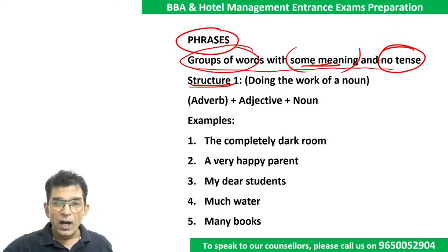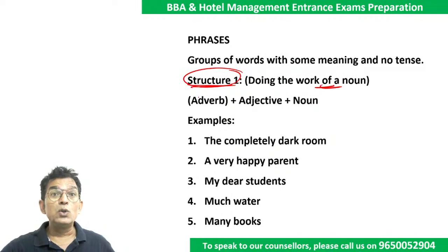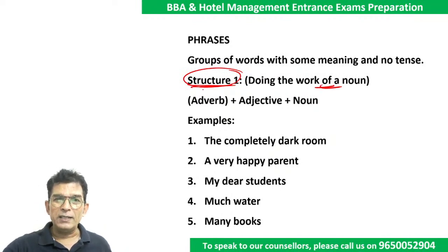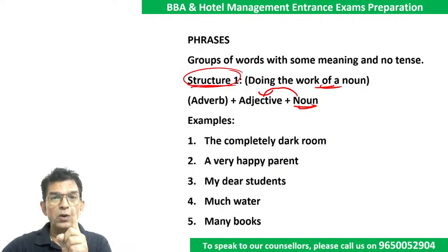So, how can we write a phrase which is called a noun phrase? I say structure number one will do the work of a noun. How do we write the noun phrase? You write a noun, and before the noun, you must have an adjective, because a phrase is a group of words. Therefore, a single word will never make a phrase.